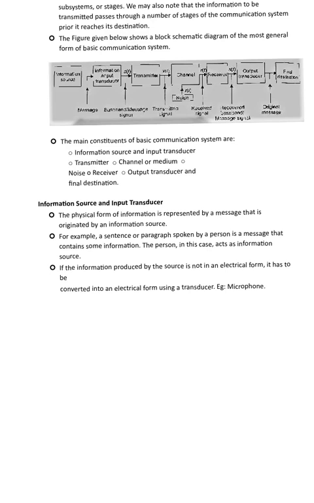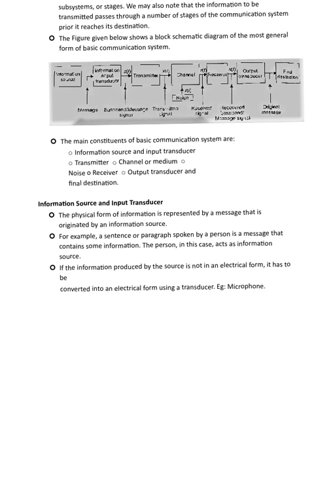Coming to the information source and the input transducer. The physical form of information is represented by a message that is originated by an information source. For example, a sentence or paragraph spoken by a person is a message that contains some information. The person in this case acts as the information source.